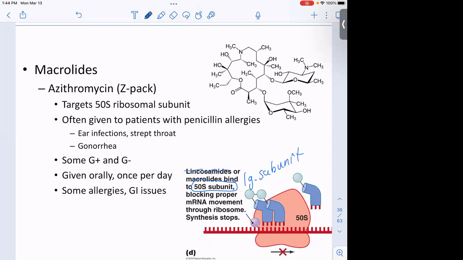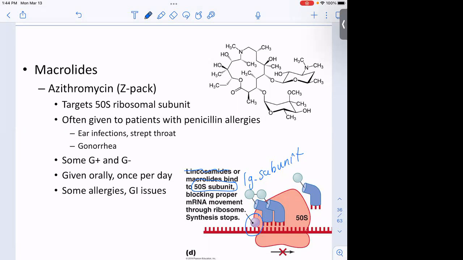Don't worry about these lincosamides. We're not going to worry about those. So it's basically a block, and so that messenger RNA can't pull through the ribosome, and again, that puts a stop to protein synthesis.